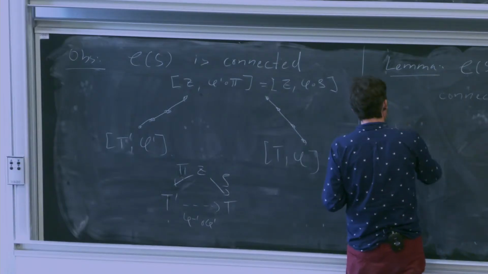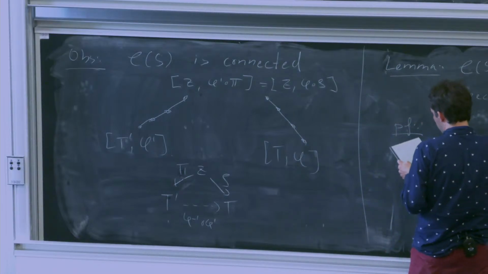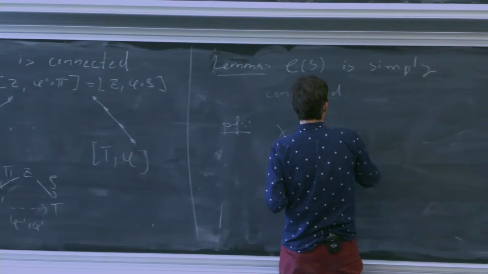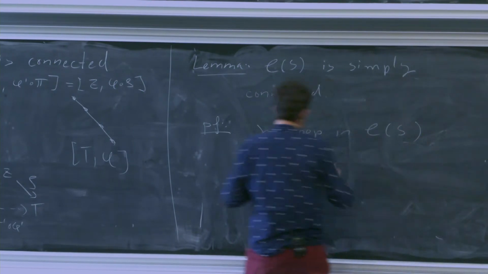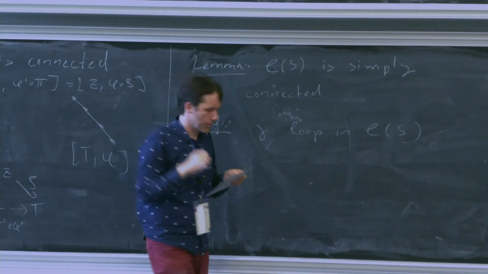And the proof, well, okay, I have 5 minutes. That should be enough to show it's CAT(0). So if gamma is a loop in our cube complex, of course we can deform it by homotopy so that it's contained in the one skeleton.